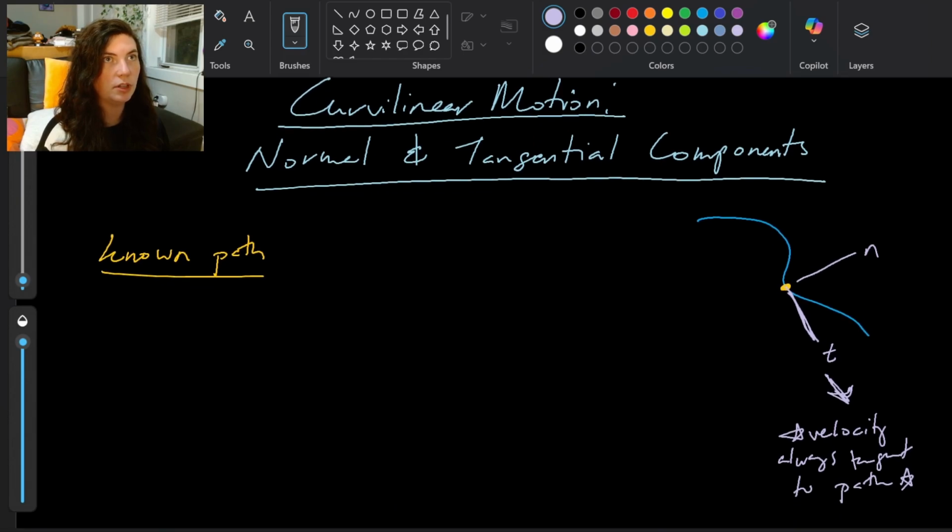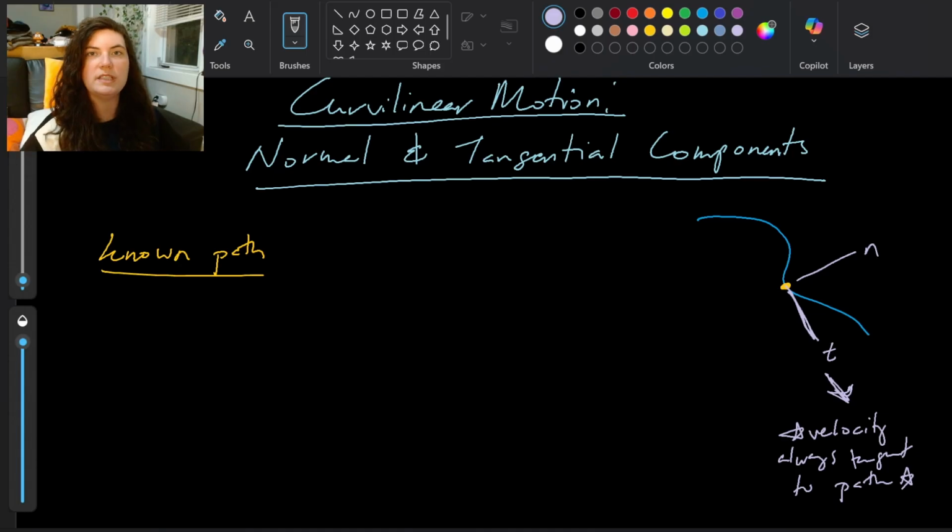So when we're looking at these, we still have our same relationships of position, velocity, and acceleration, but we're going to think about them a little bit differently on this skewed coordinate system. So in this case, our position, we're going to have some position S. That's really just traveling along the length of that curve.